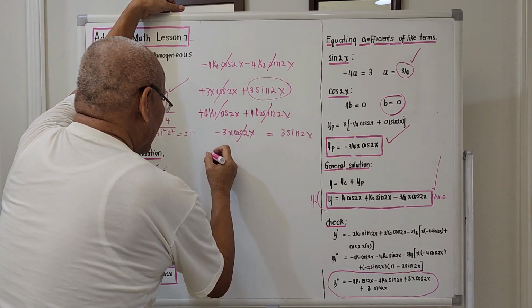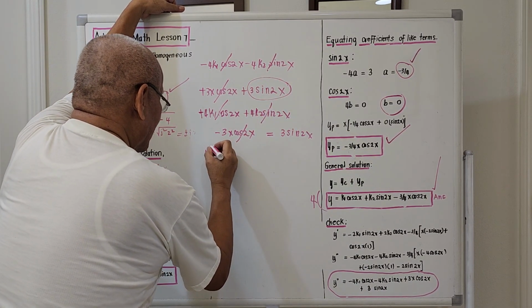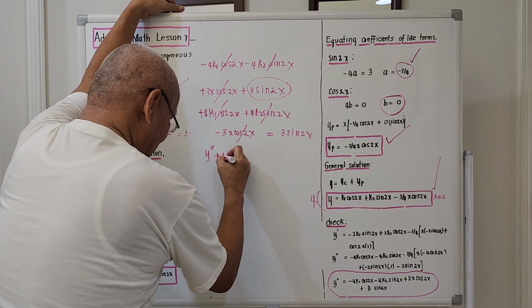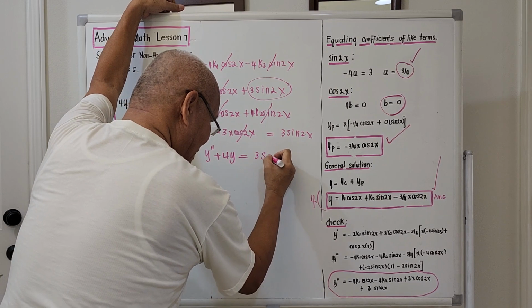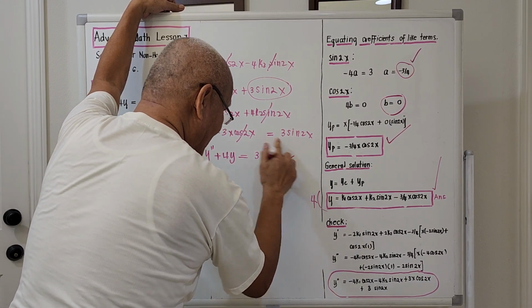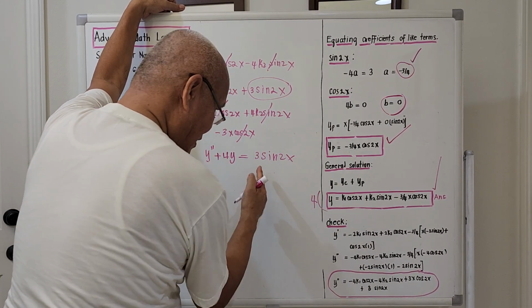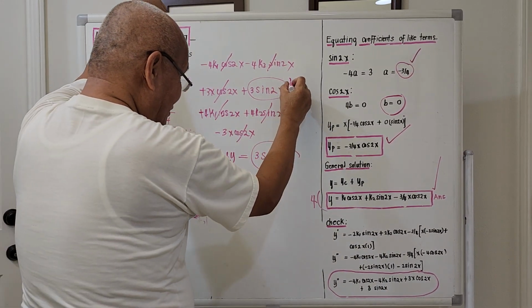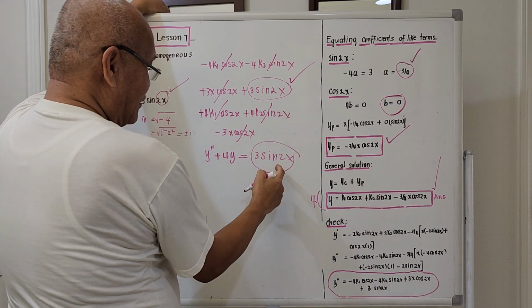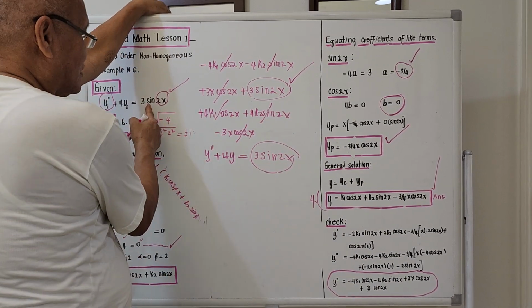So meaning, after taking the second derivative, we add 4y. What comes out on the right hand side is 3 sine of 2x. Why 3 sine of 2x? Because what remains after the cancellation is 3 sine of 2x. And this 3 sine of 2x is actually this.